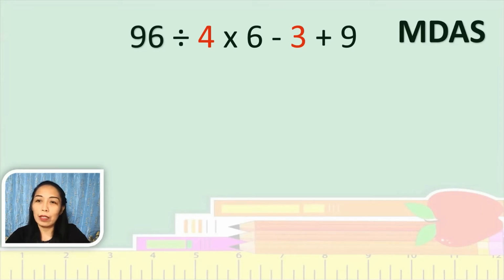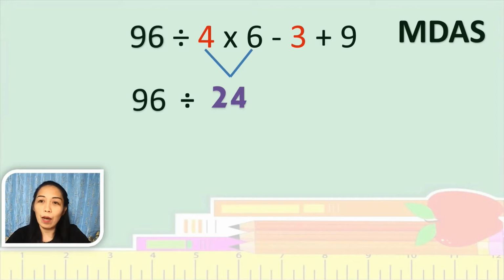Because of MDAS, we are going to have the multiplication first. So multiplication will have 4 times 6. That would give us 24. We're done with multiplication. D, division. So we have 96 divided by 24, which would give us 4.